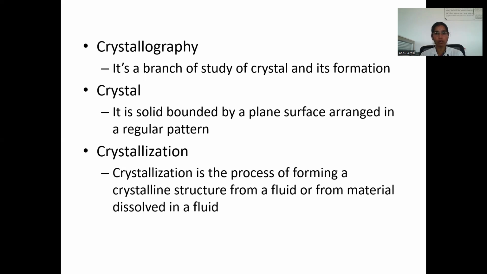Crystal: it is a solid bounded by plane surfaces arranged in a regular pattern. A crystal is a solid bounded by smooth surfaces with a definite internal atomic structure and distinct external geometric form.